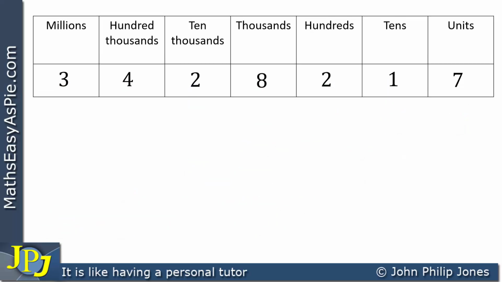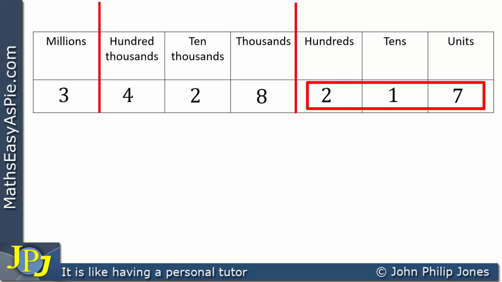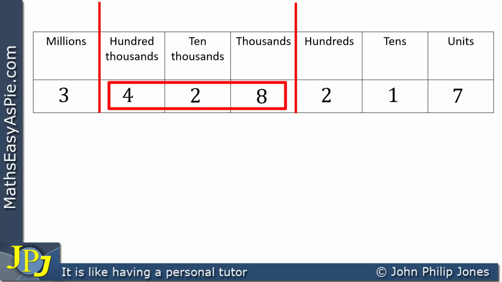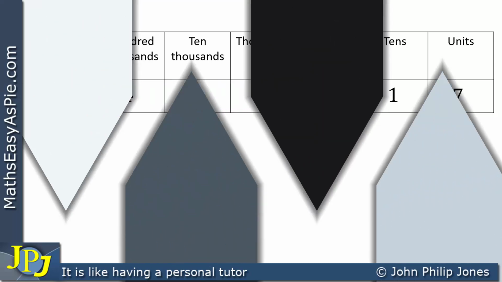Let's take another look at this table. And I'm going to include 2 lines, and these lines are splitting the figure up into groups of 3. Here we can see one grouping of 3. Here's another grouping of 3, and this is just a digit by itself.